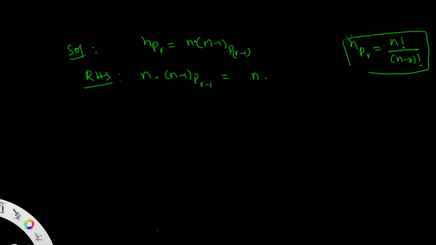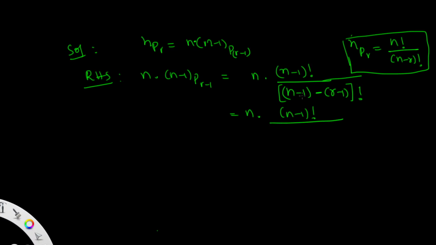Now we apply this form, where n equals n minus 1 and r equals r minus 1. So that becomes n into (n minus 1) factorial by (n minus 1 minus (r minus 1)) factorial, that is (n minus 1 minus r plus 1), the 1s cancel, that is (n minus r) factorial.